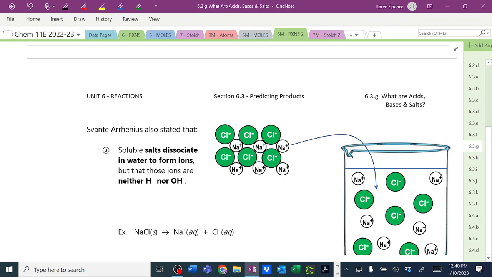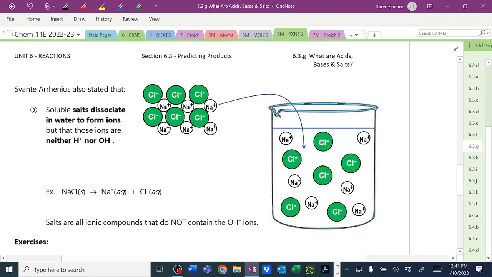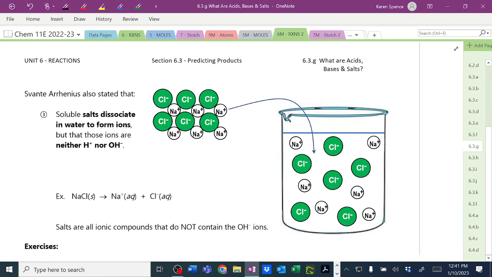So what's going to happen? And then we have salts, okay? And what is a salt? NaCl is table salt, but there's lots of different kinds of salts. A salt is just an ionic compound.